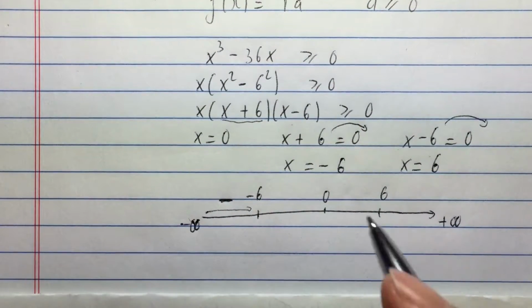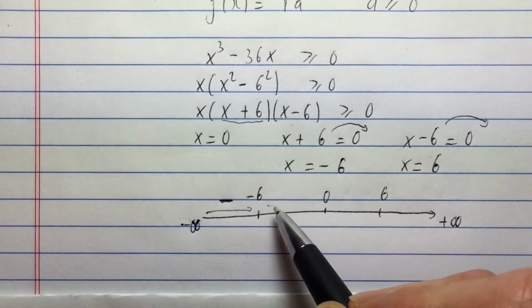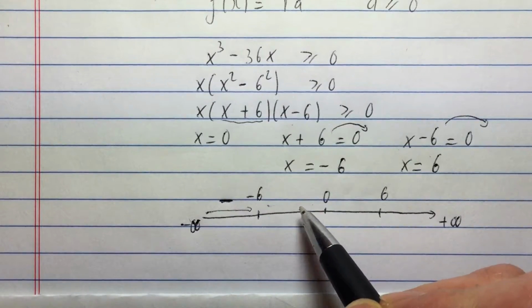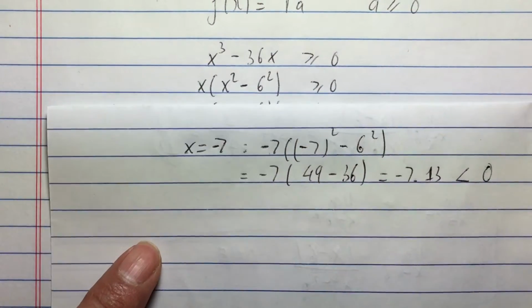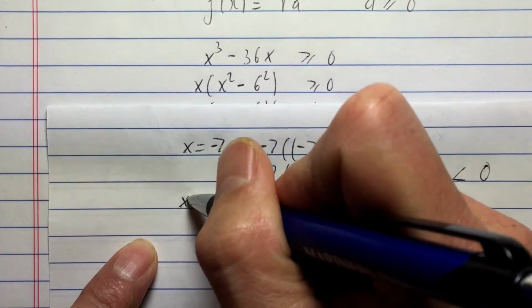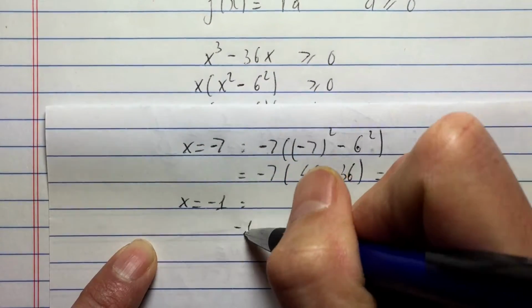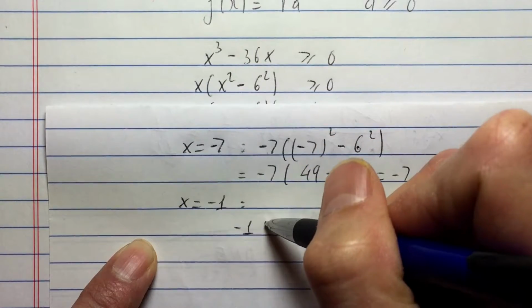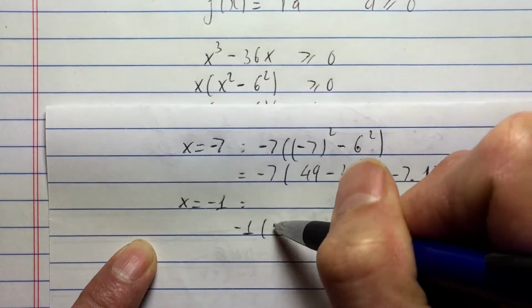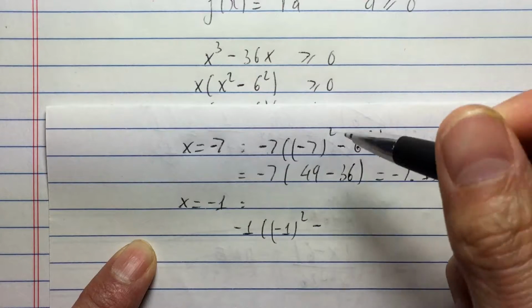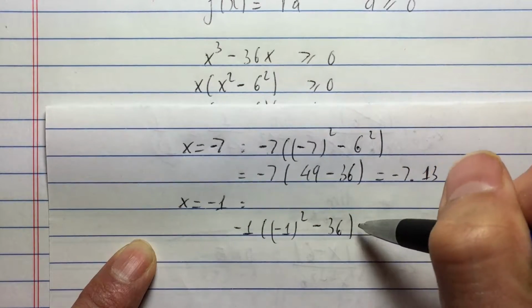Now for this region, I pick x equals minus 1. In this case, minus 1 times (minus 1 squared minus 36).